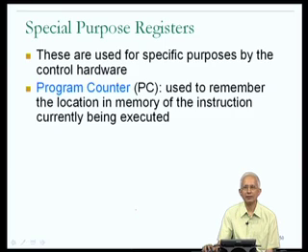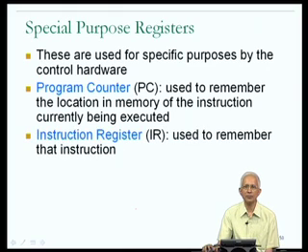You will remember that at any given point in time, the processor is executing an instruction, and that instruction came from memory. Therefore, the purpose of the program counter is just to remember from where in memory the instruction which is currently being executed came. That's all. So there's a special register called the PC or program counter for this purpose.